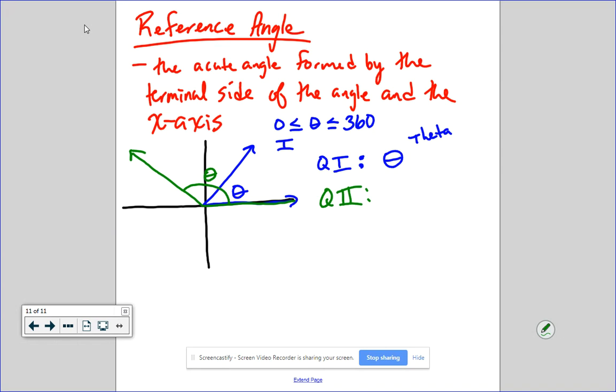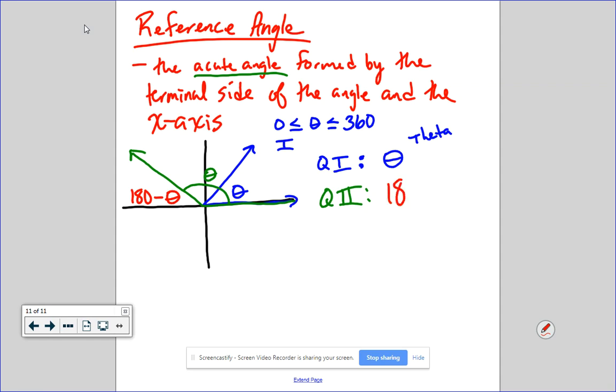If it's greater than 90, it's obtuse. I don't want an obtuse angle here. I want my reference angle to be acute. So, what do I know this straight line is? 180. So to find my value in quadrant 2, I just take 180 minus theta.